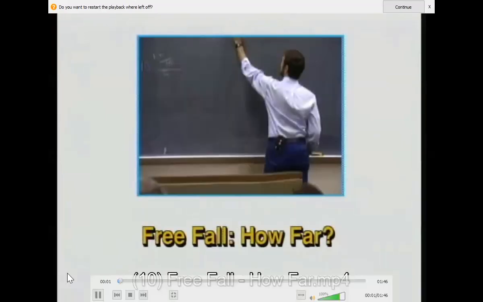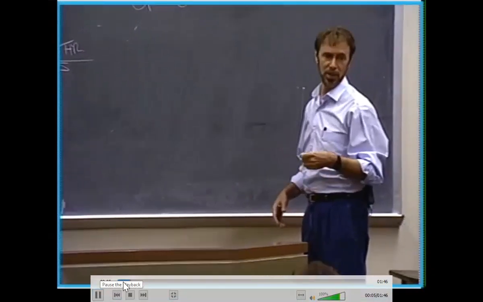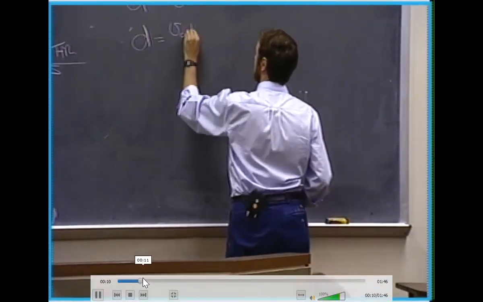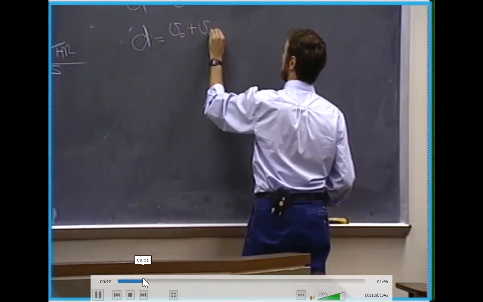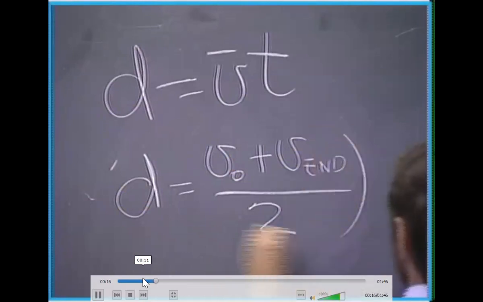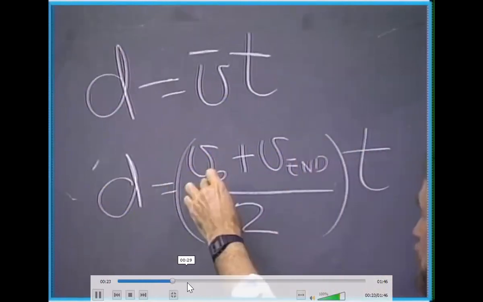Let's go to how far. So he was talking about how fast. Let's go how far. Here's what I do just to beat the bell. I'm going to skip through this one a little bit.